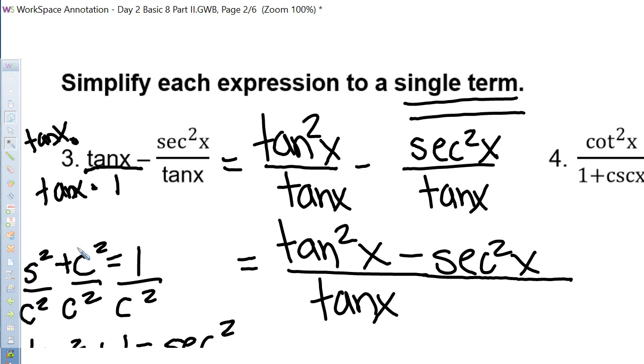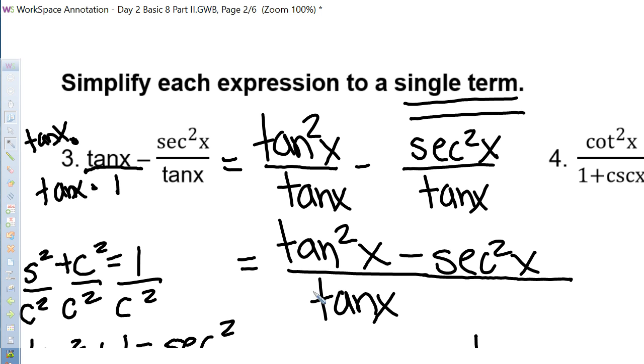Minus 1 to both sides. So that gives me tangent squared minus secant squared. What does that equal? -1. So back over here, instead of tangent squared of x minus secant squared of x, what could I put there? -1 over tangent of x.